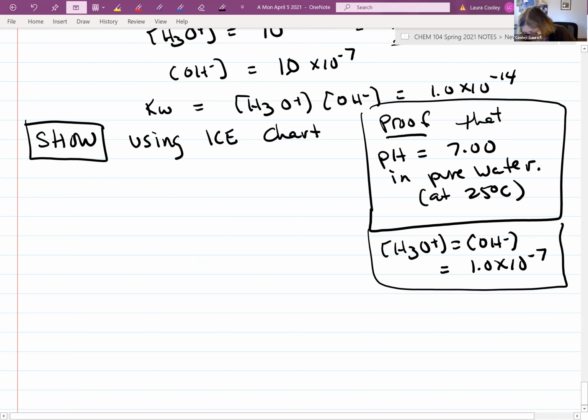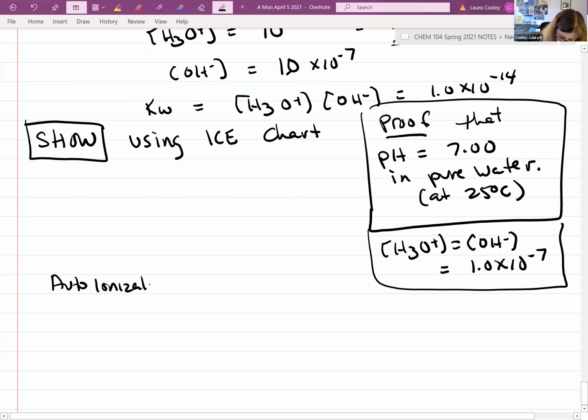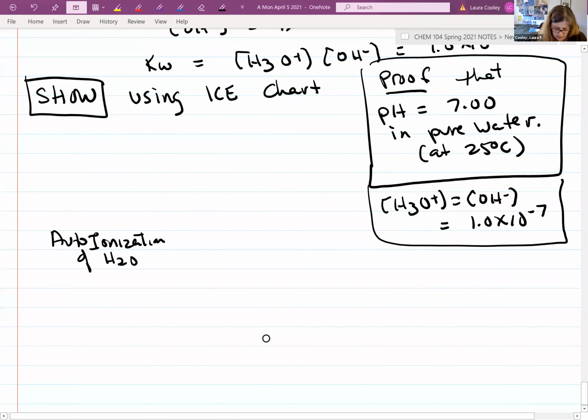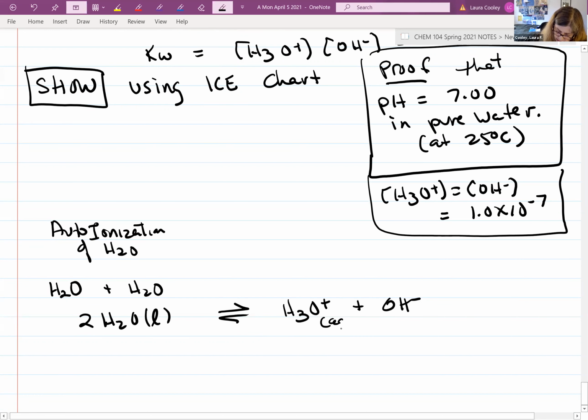So here's the autoionization of water. We have H2O plus H2O, let's just call that 2H2O liquid, gives H3O plus and OH minus.